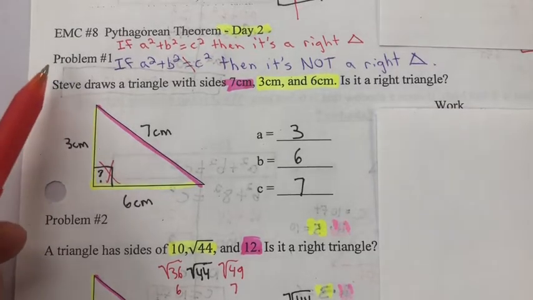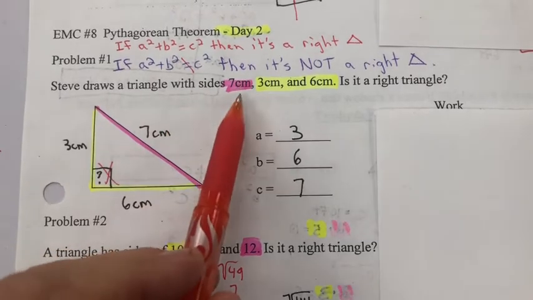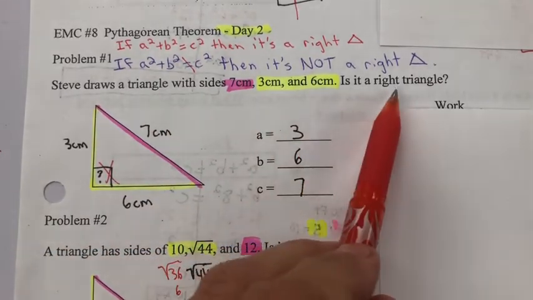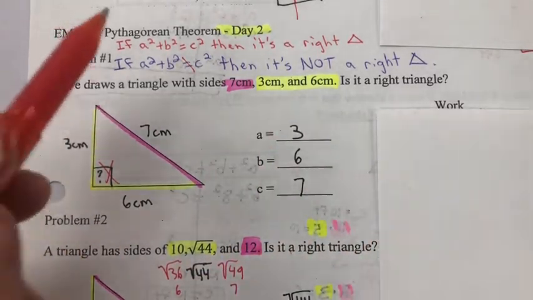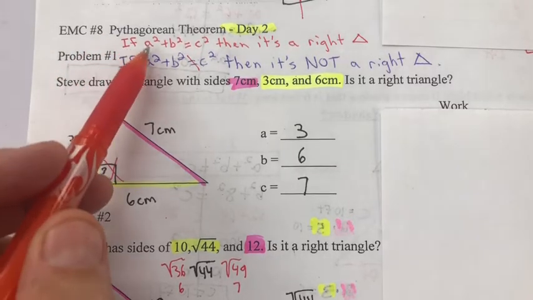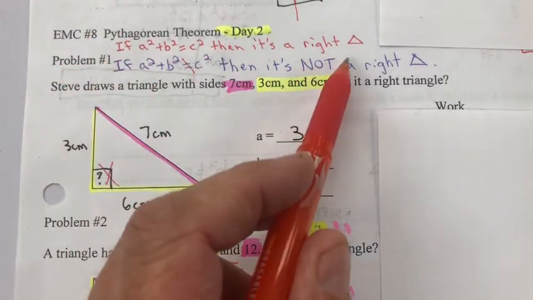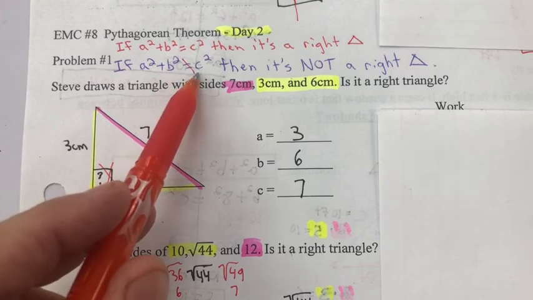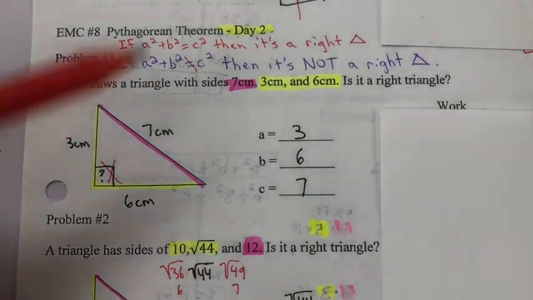For problem 1, Steve draws a triangle with sides 7 centimeters, 3 centimeters, and 6 centimeters. Is it a right triangle? Well, to determine if it's a right triangle, we're going to use the Pythagorean theorem. The Pythagorean theorem states if a squared plus b squared equals c squared, then it is a right triangle. If a squared plus b squared does not equal c squared, then it is not a right triangle.